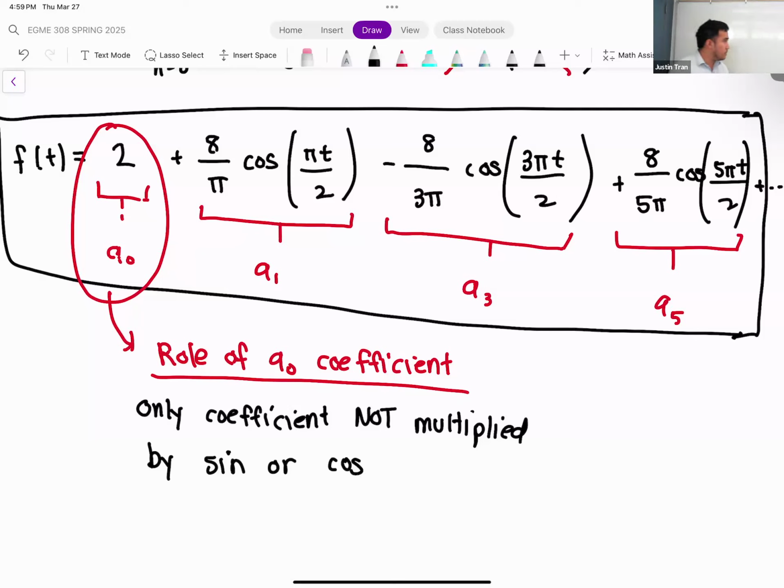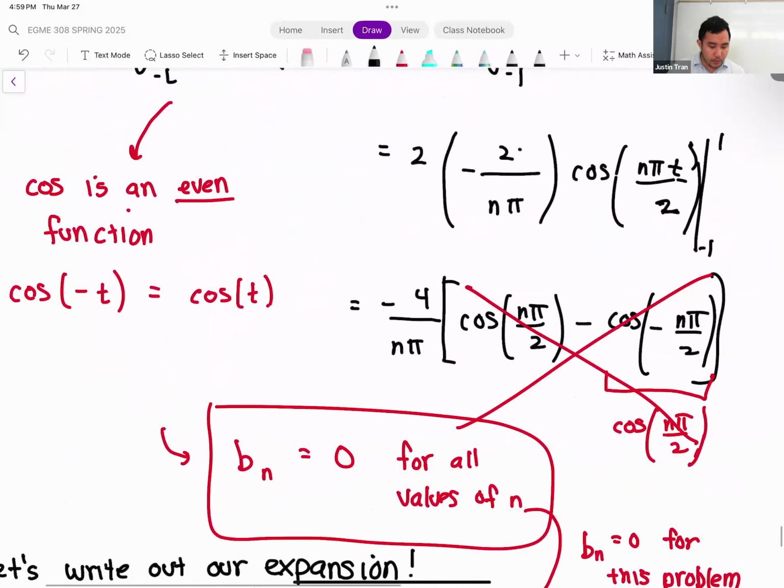And it actually has a very specific meaning within the context of this expansion. If you look at the formula for A0, I'm just going to scroll up so you can see it really quickly.